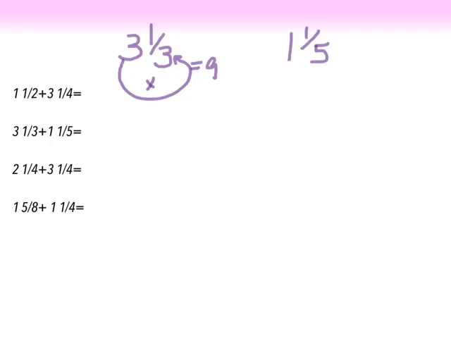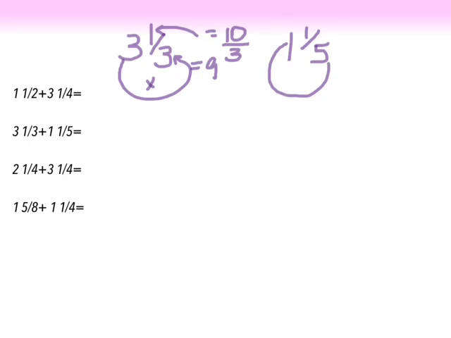Let's go to the next one. Remember, we want to make our mixed fraction an improper fraction. So we multiply our whole number times our denominator plus our numerator, and then we just carry our denominator over.